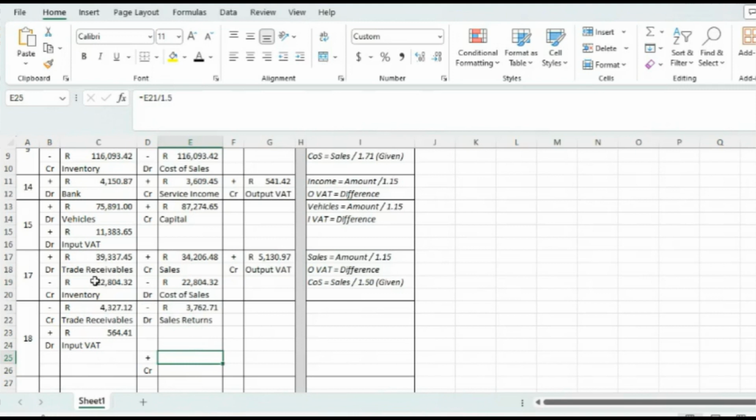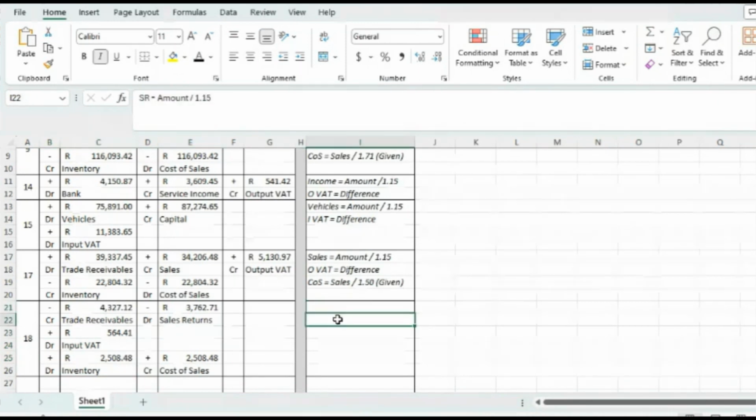And we know that when we had a 50% markup on cost when we made the sale, we must use the 50% markup when we have the return as well. So it is 3,762.71 divided by 1.50. And of course, that is the cost of sales. And that is offset against inventory, which is now increasing and is therefore being debited for the same amount.